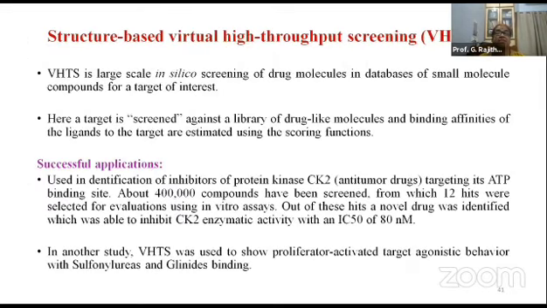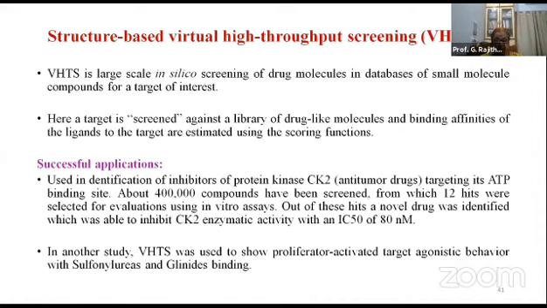So next is structure-based virtual high-throughput screening. After the two approaches in SBDD, that is molecular docking and ligand-based, the next computational approach is structure-based virtual high-throughput screening. In this virtual high-throughput screening, we have to store the databases.